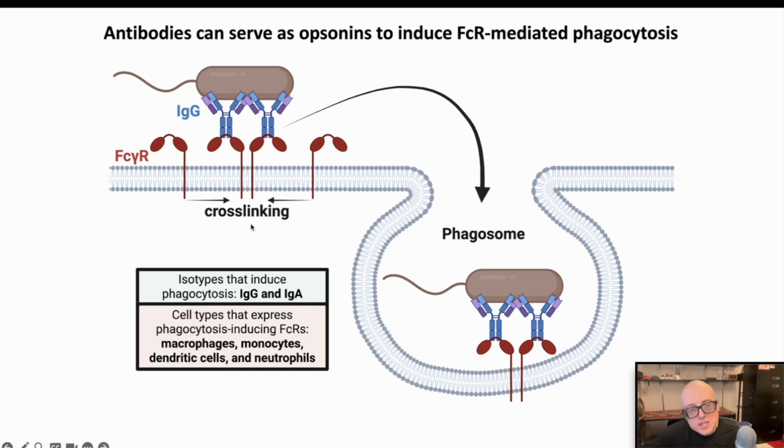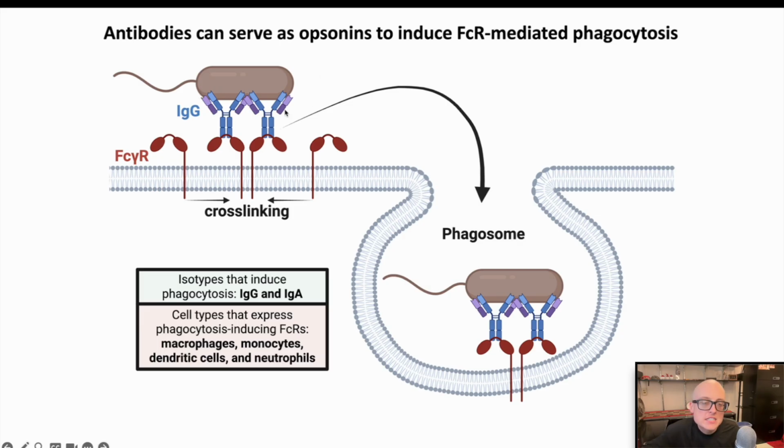One thing that I want to note here is that typically Fc receptors require something called cross-linking to become activated. So we really rely on antigens that recur on the surface of pathogens, meaning that these are very common antigens that are expressed over and over again, so that multiple antibodies can bind to the surface of the pathogen.